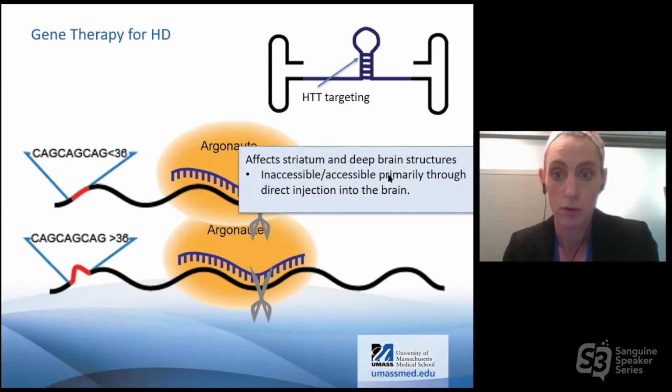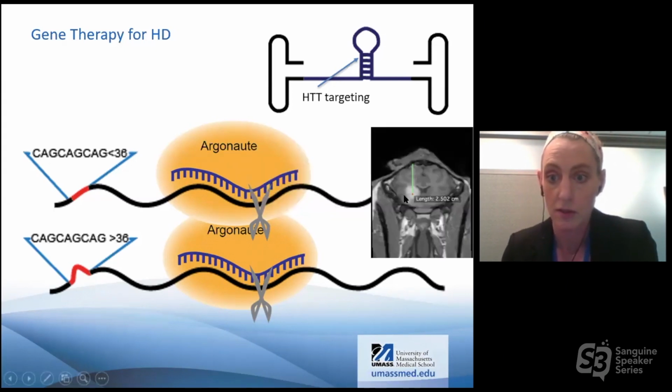Now, I told you that huntingtin affects the deep brain structures. So one of the things that we have to think about is how to get into those deep brain structures. What we've done is we've looked in sheep, and we've injected the AAV into the striatum in sheep.